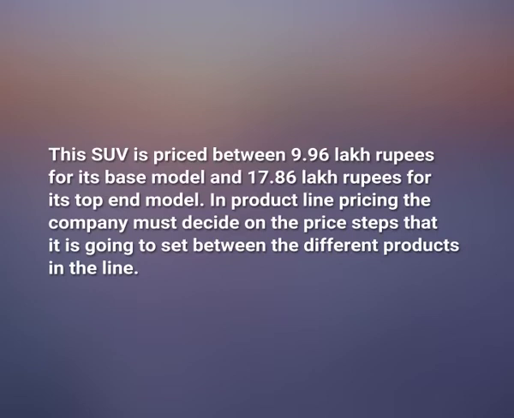In product line pricing, the company must decide on the price steps that it is going to set between the different products in the line. The price steps need to take into account the difference in cost between the products in the line, the evaluation of the different features by the customer, and the price of their competitors.